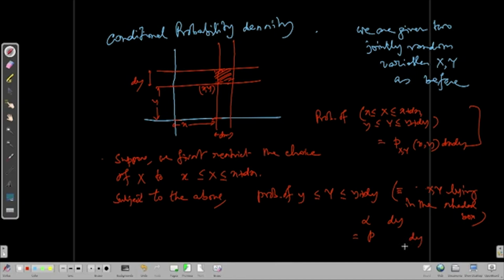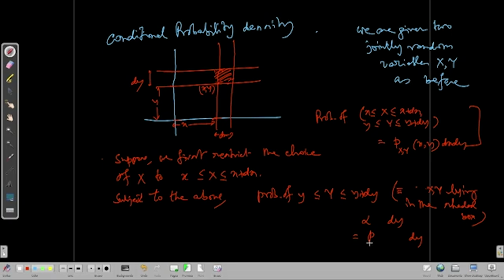Proportionality constant, it is not just a function of y, because capital X also is playing a role. Capital X is taking a value up to small x. Okay. So, it is basically a function of again capital X, I mean where this slot is located, which is small x y.